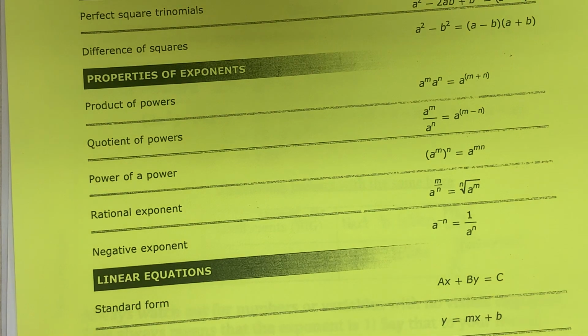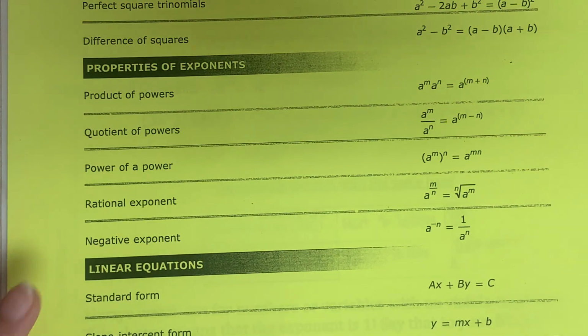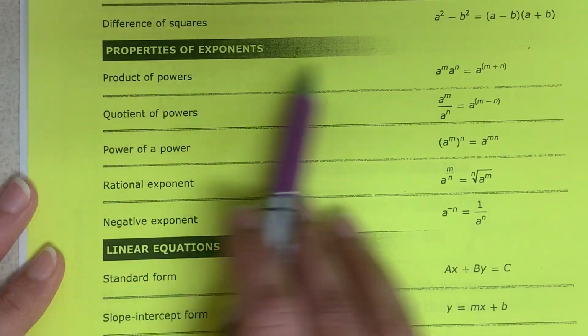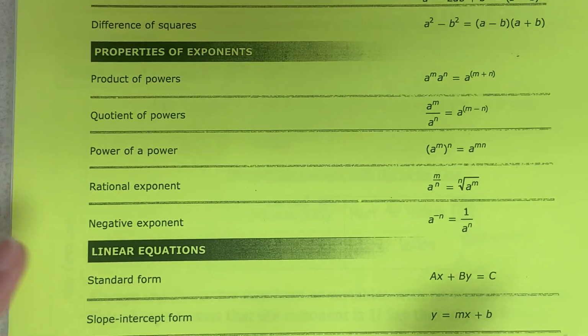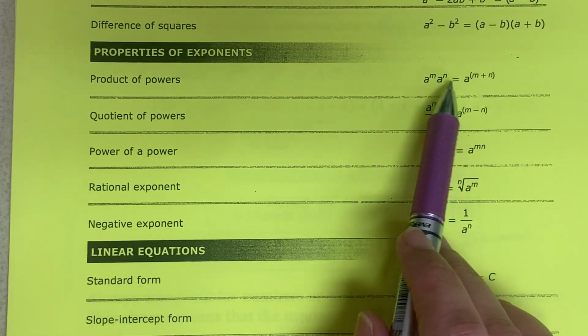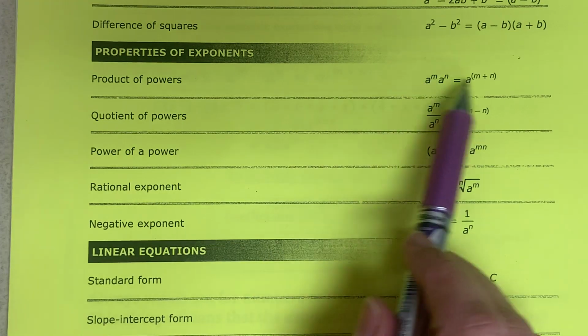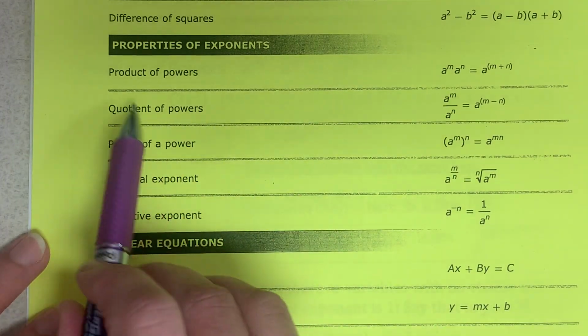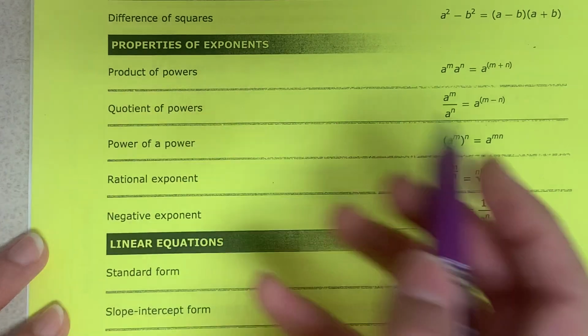Just a quick review: the properties that we are going to learn are all on your reference chart. You should have this paper with you, and all the properties are listed there with examples. The first property we are working on today is the product of powers. Product means multiply.